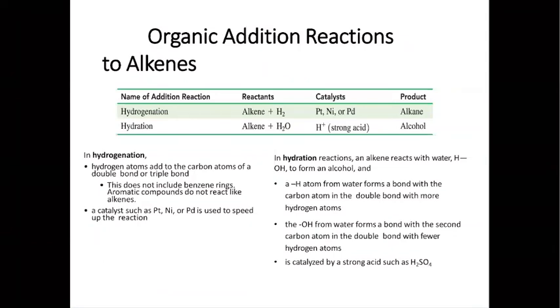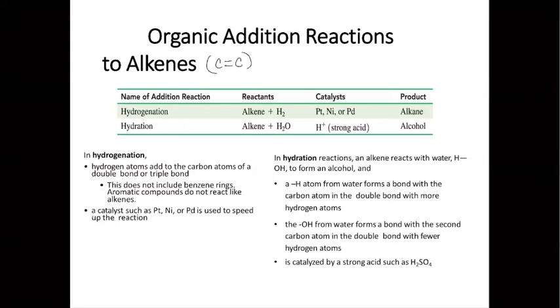So as you can see here, we have specifically the reactions of alkenes, okay, which is an unsaturated hydrocarbon because it contains one carbon-carbon double bond, okay? In this class, we don't deal with alkenes that have multiple carbon-carbon double bonds. So understand that an alkene, which is an unsaturated hydrocarbon, is going to contain one carbon-carbon double bond.